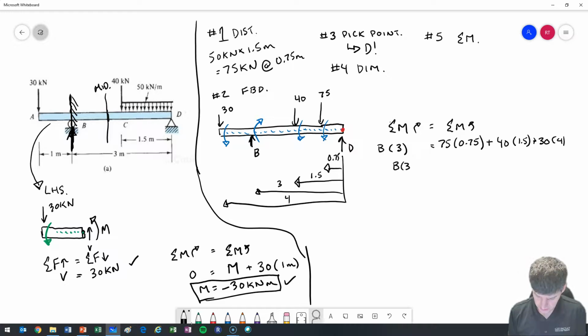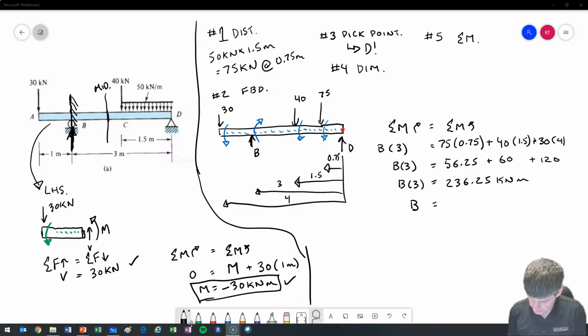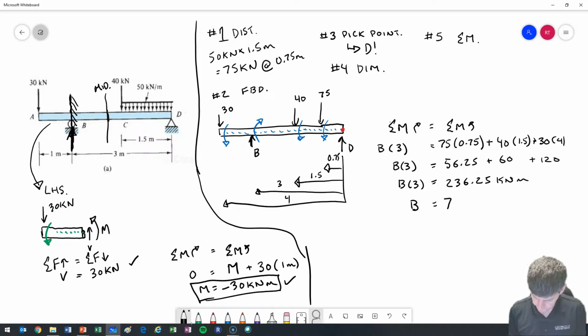So B at 3 is going to be equal to 56.25 plus 60 plus 120. So B at 3 is going to be equal to 236.25 kilonewton meters, and B is going to be equal to 78.75 kilonewtons.